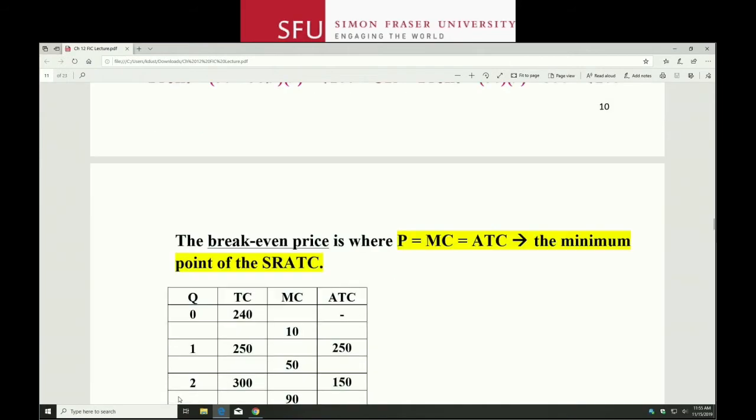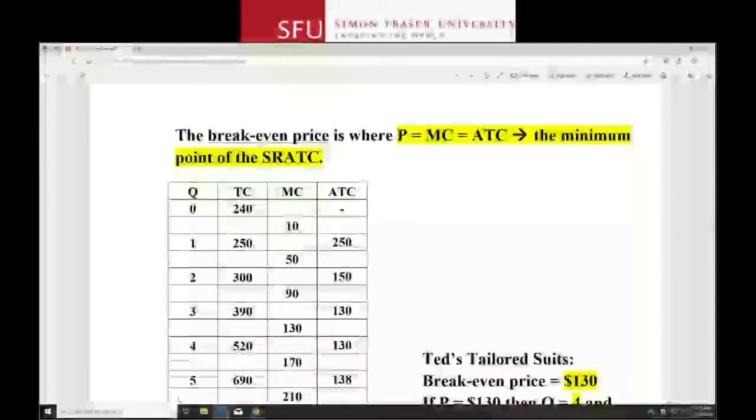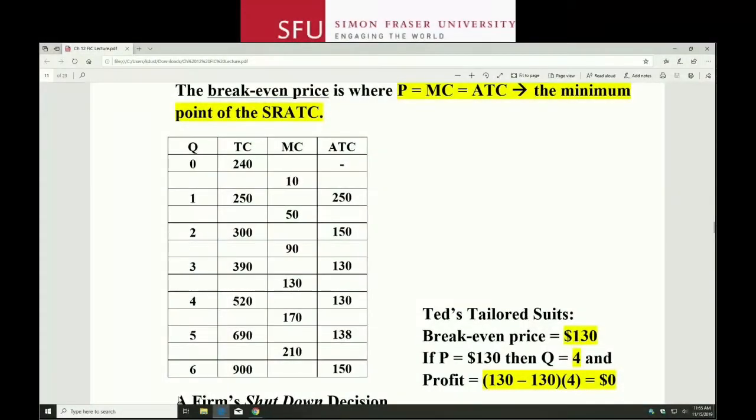Okay, so now we're going back to the example with Ted's tailored suits. And so I already pointed it out. This would be at $130, right? So here, the minimum of the average total cost is at $130. That's where there's the equilibrium with the MC. So that would be at the quantity of 4.